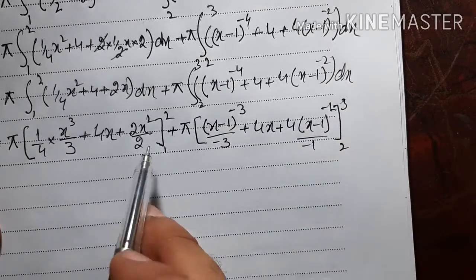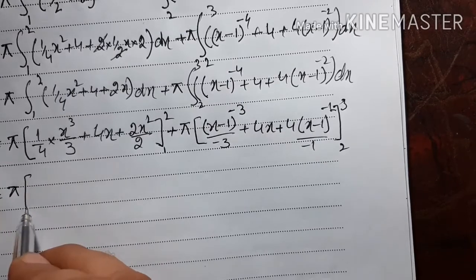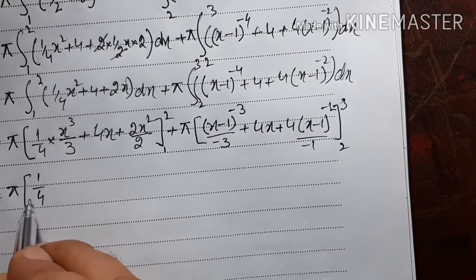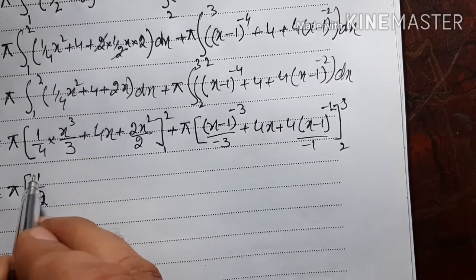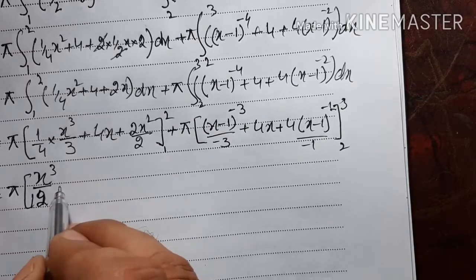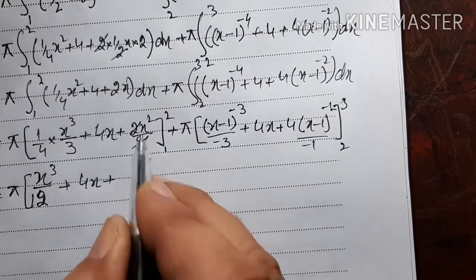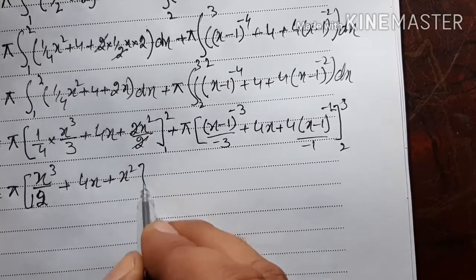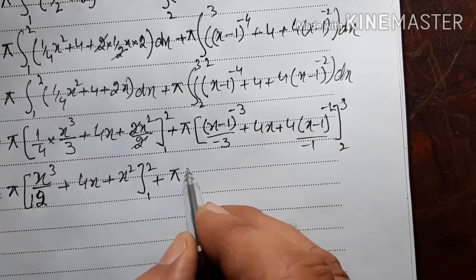Now this can be written as pi times 1 over 12 actually, because 4 threes are 12. So I can write it as x cube over 12 plus 4x plus x square, this 2 will be cancelled with this 2, from 1 to 2, plus pi.